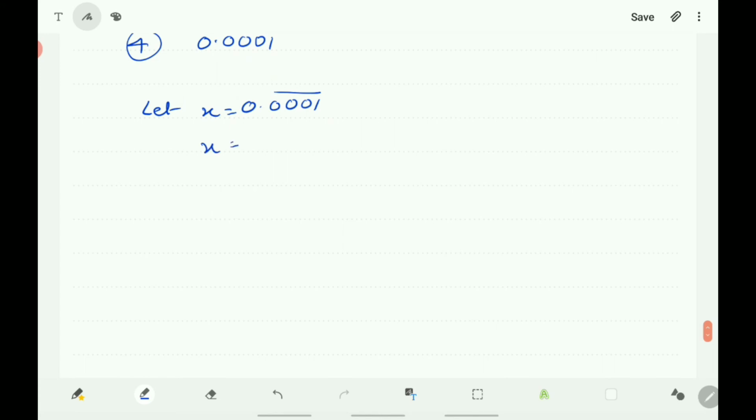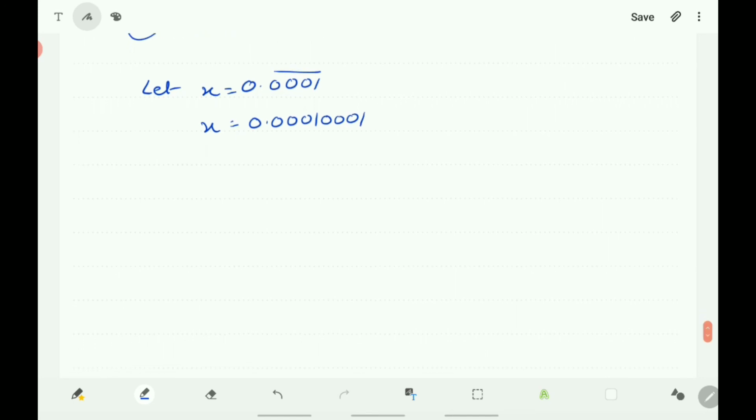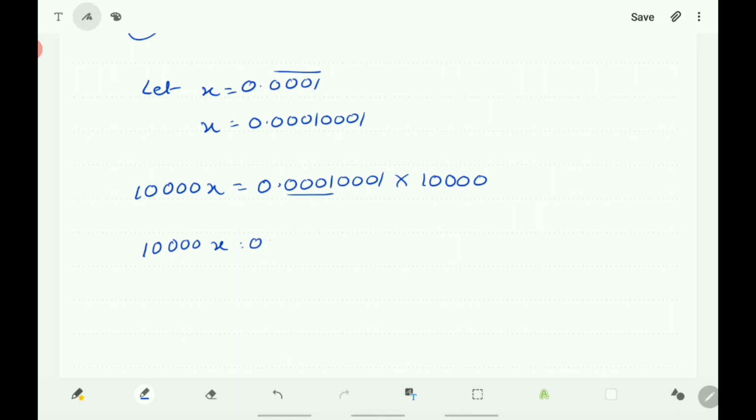So you write x = 0.00010001 like this, and here 4 digits must be transferred to the integral part, therefore you multiply it by 10,000, that is 4 digits, 4 zeros. x = 0.00010001 into 10,000. Then it becomes 10,000x, that is, 4 digits transferred to the integral part.